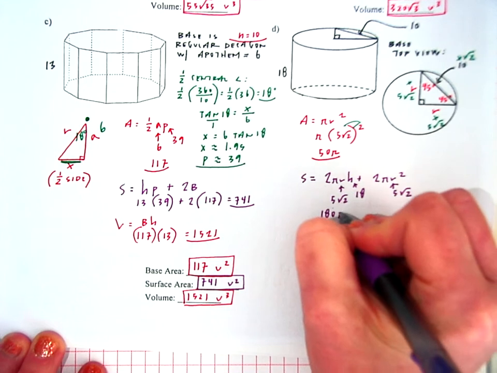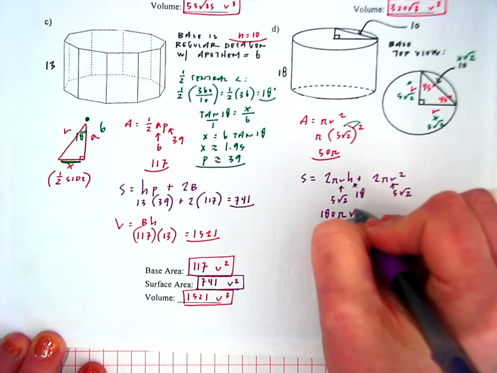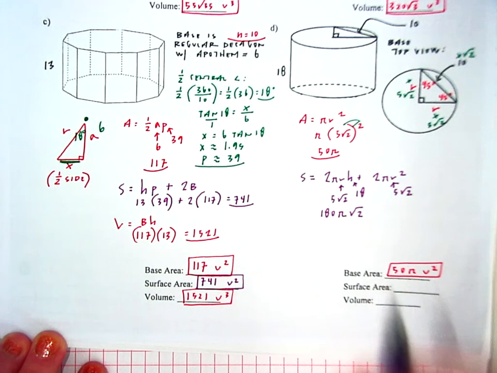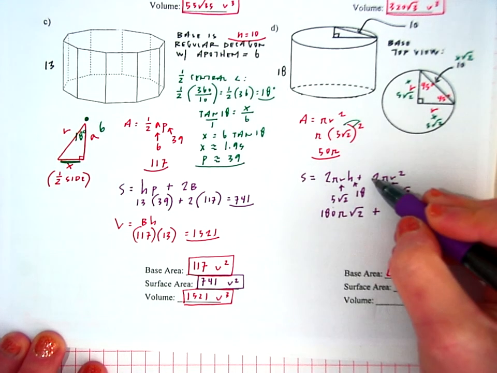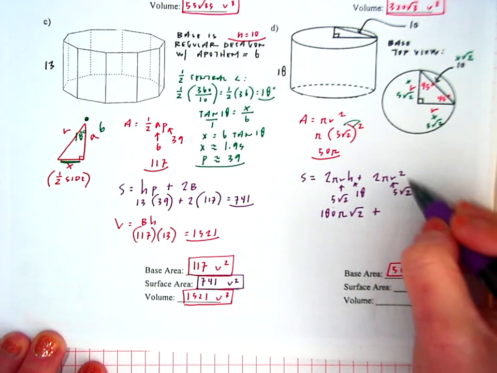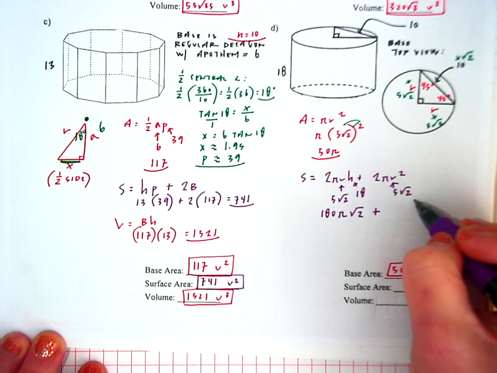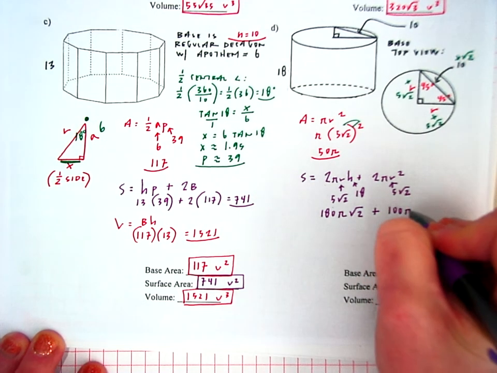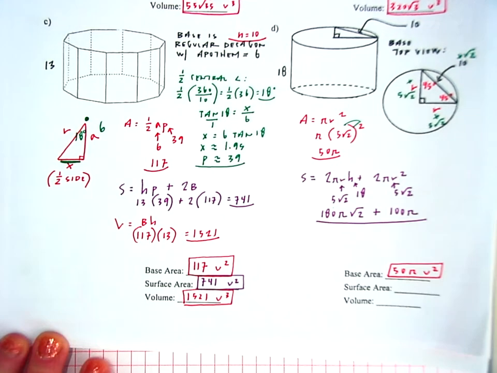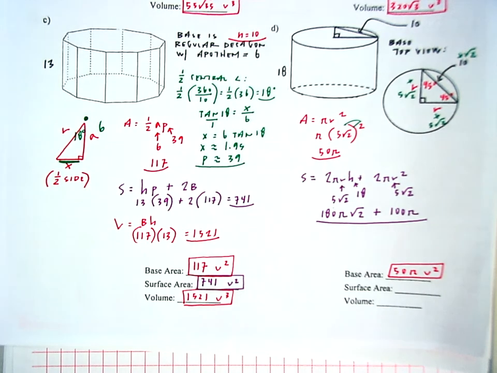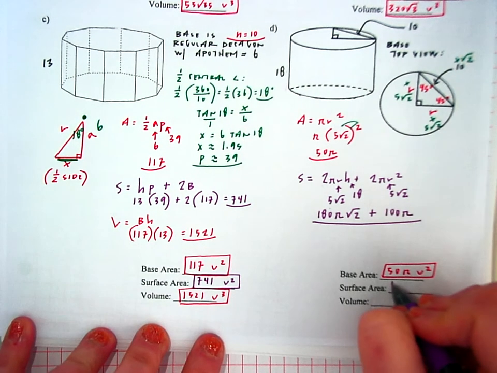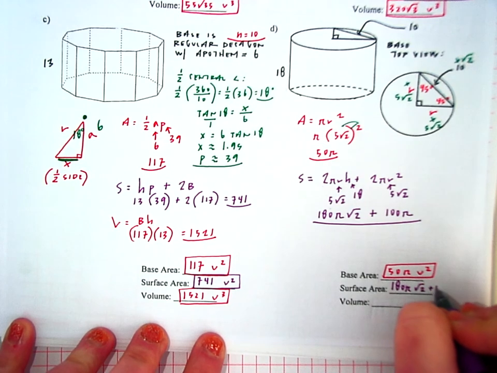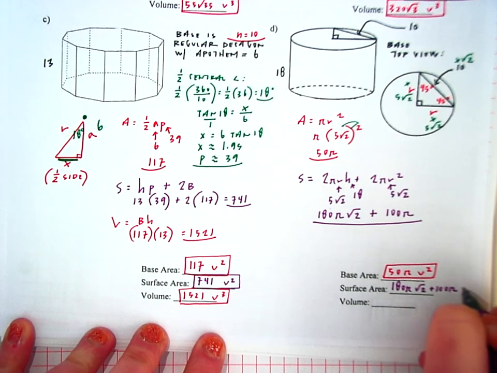I put the pi next, and then the square root last. So I get 180 pi root 2 plus 2 times 5 root 2 squared, so 2 times 50 pi. So I get 100 pi. Okay, not like terms, so it stays like that. That's as simplified as I'm going to get it. So I have 180 pi root 2 plus 100 pi units squared.